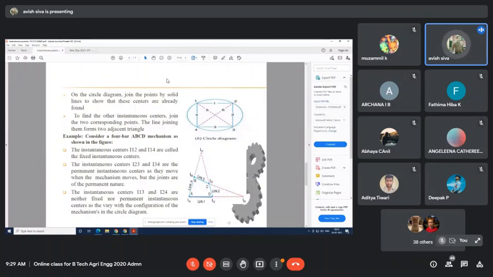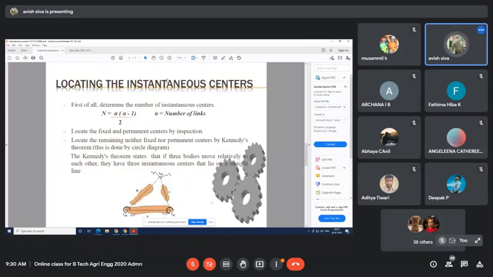They are called permanent instantaneous centers because they move when the mechanism moves. And I13 and I24 are neither fixed nor permanent instantaneous centers, which are outside the figure, and they vary with the configuration of the mechanism.